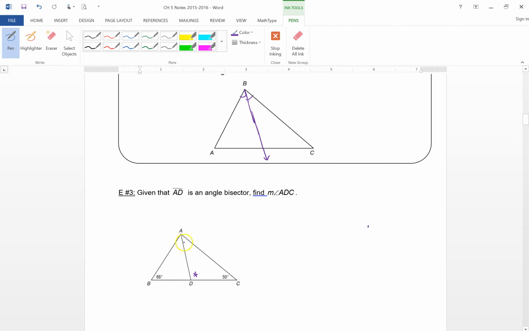So this angle altogether is 180 minus 116, which is equal to 64. Now, if AD is an angle bisector, each of these is congruent to the other, so each gets 32. Once you have that, the measure of angle ADC is 180 minus 32 minus 50, which is 98.